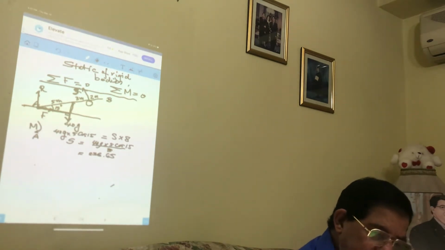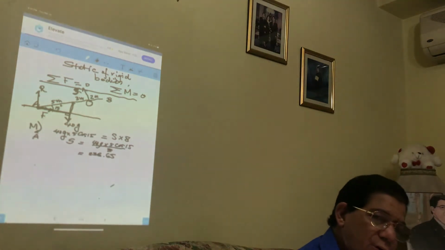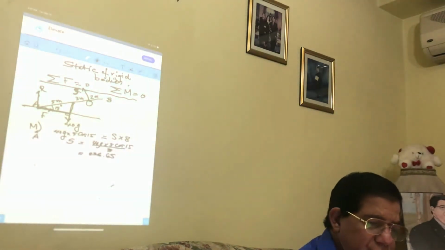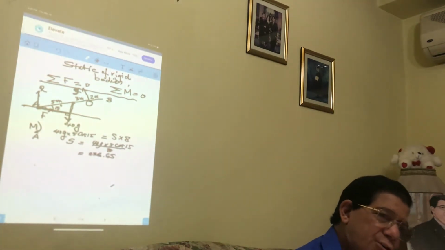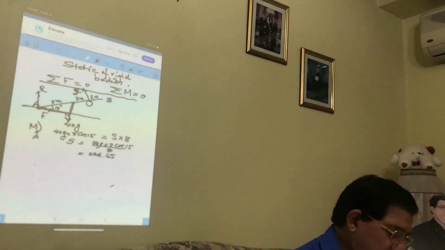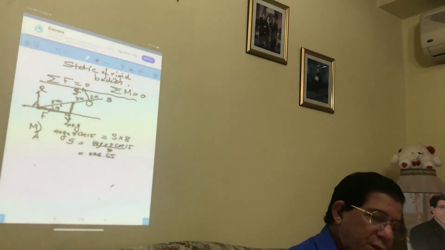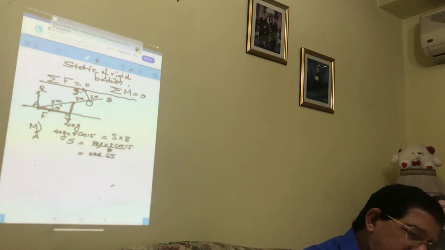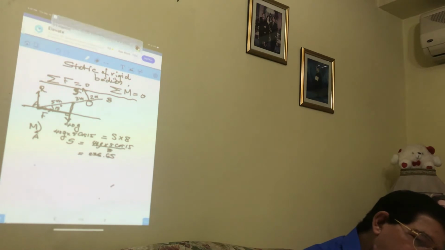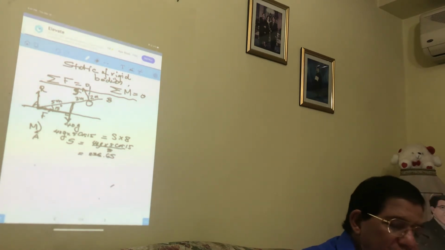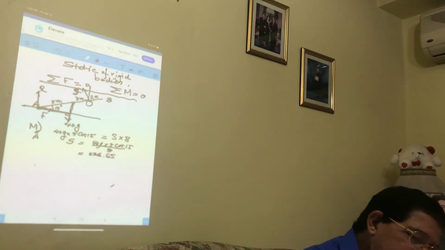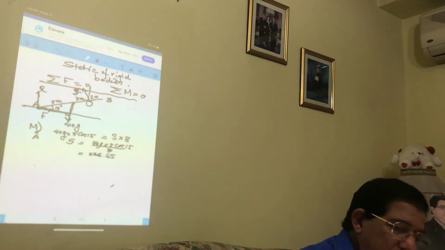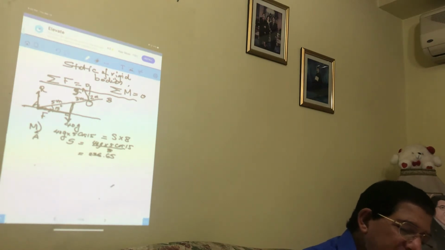Next, we are going to do the forces. We are going to consider forces vertically and horizontally. But the force that needs to be resolved is S. So S will be resolved one component up and one component horizontally. This angle is 15, this angle 15.